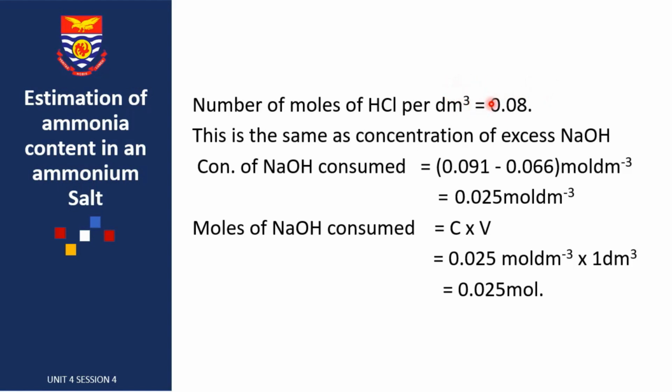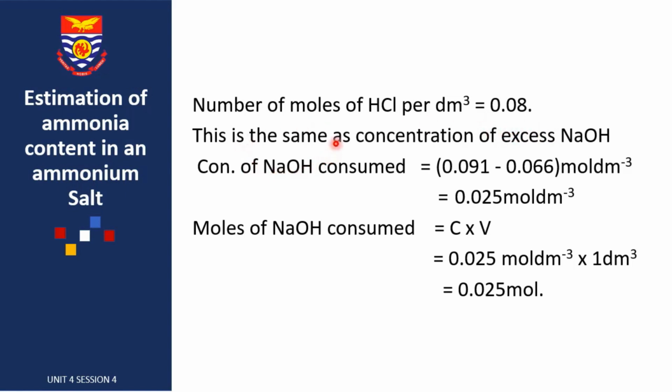This is the concentration of the sodium hydroxide before it was treated with the salt, and after it was treated with the salt, this is what was left. So this gives us 0.025 molar. Now we have to convert this into moles. This is concentration, we have to convert into moles.